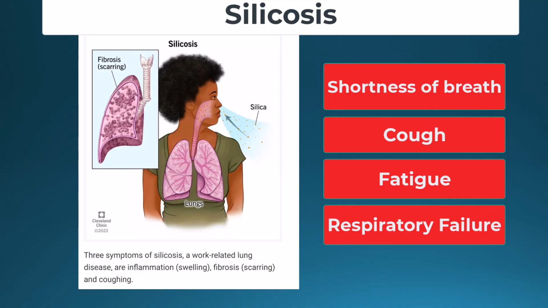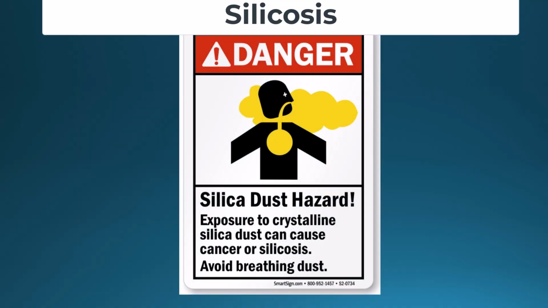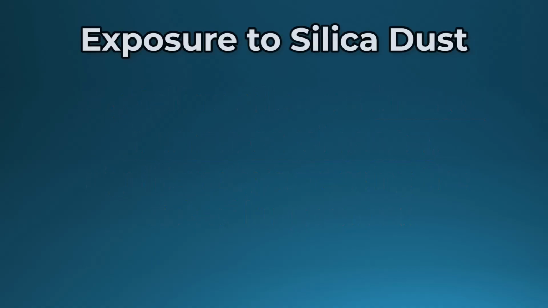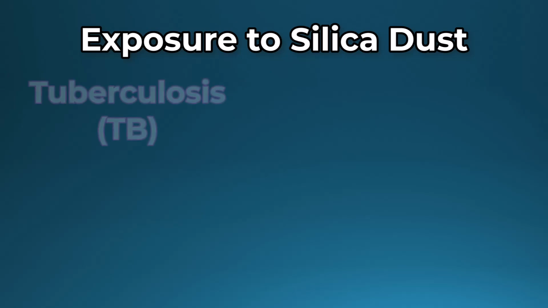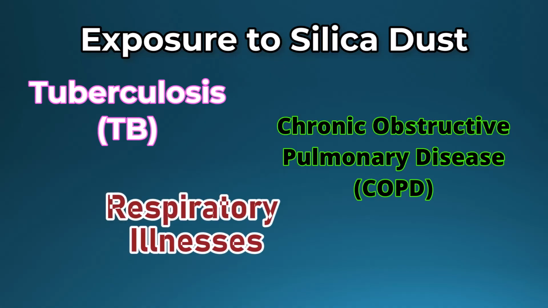The severity and progression of silicosis depend on the concentration, duration, and type of silica exposure. Acute silicosis develops rapidly after extreme exposure. Beyond silicosis, crystalline silica is a known human carcinogen, significantly increasing the risk of lung cancer. Exposure also raises the likelihood of developing tuberculosis, TB, chronic obstructive pulmonary disease, COPD, and other respiratory illnesses.